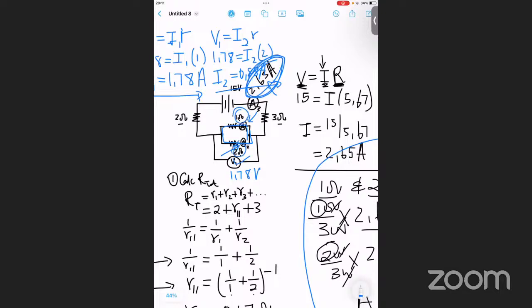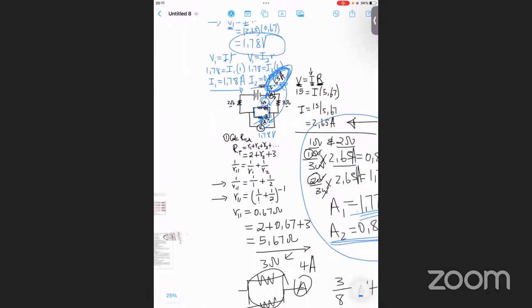It's like you want to know how much of this pie will go to that and how much of this pie will go to that. Indirectly, you've calculated the reading on V1. Now the reading on ammeter 1.